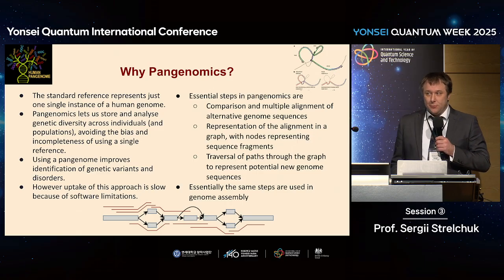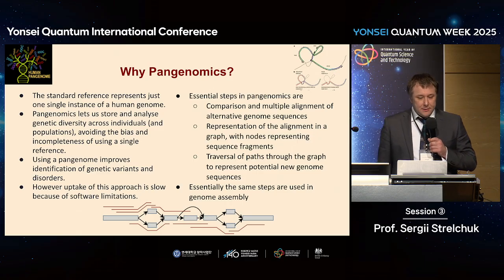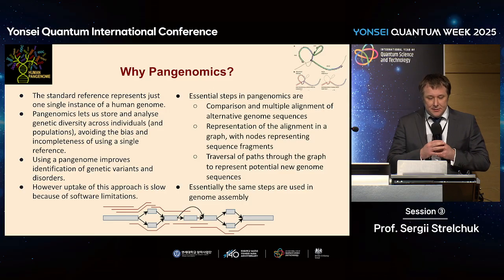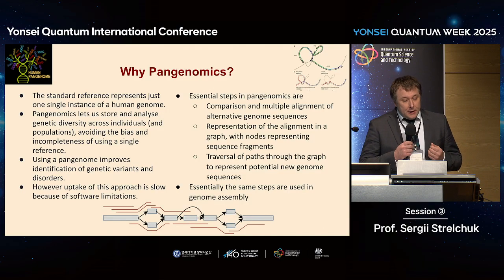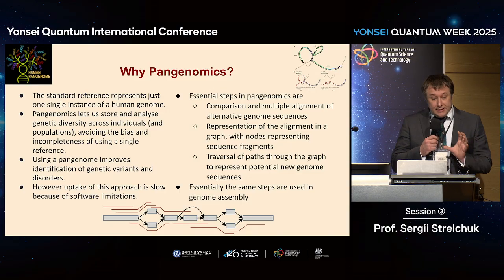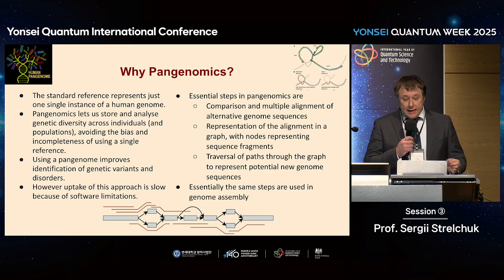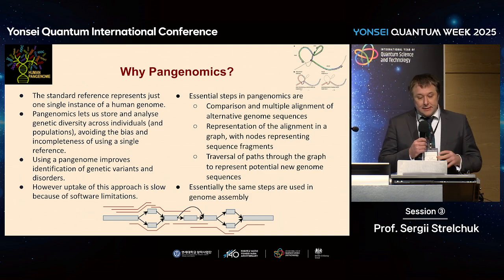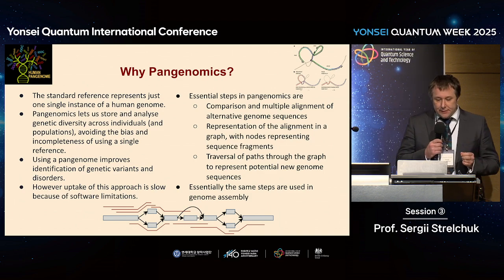So why pangenomics? Why is there such a recent interest in pangenomics? Well, because the standard reference represents just a single instance of a human genome, and pangenomics allows us to store and analyze the genetic diversity across individuals and populations, avoiding the bias and incompleteness of a single reference.